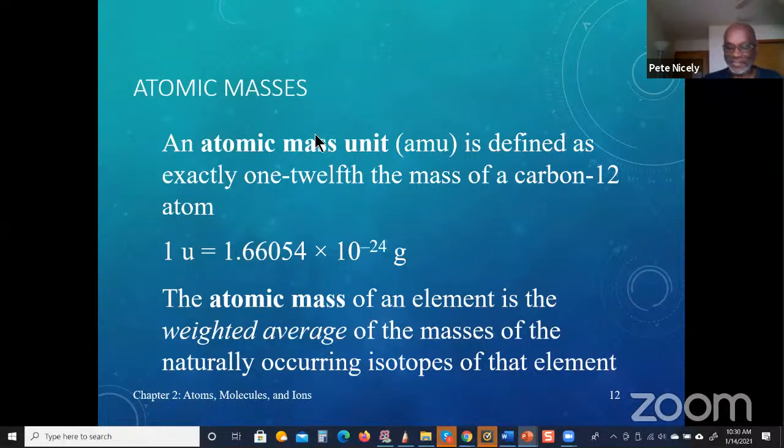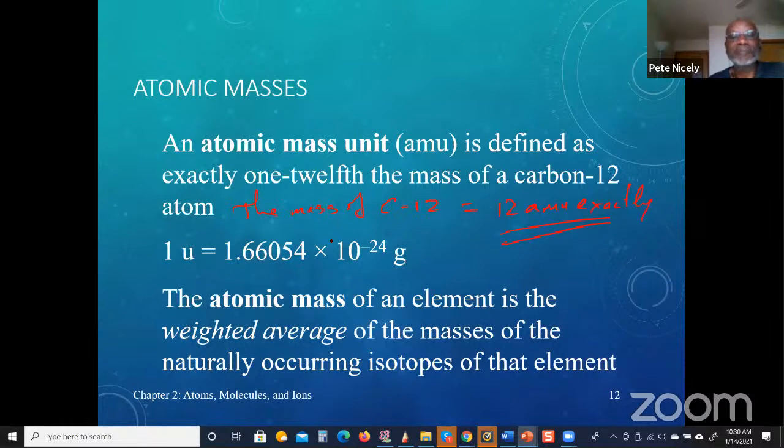So basically what this is saying is that, by definition, the mass of a C12 atom is equal to 12 AMU exactly, all right? And therefore, that is basically how the AMU scale is determined. And it is a useful scale because we use it to express the masses of very small particles like atoms, molecules, ions, protons, neutrons, etc.